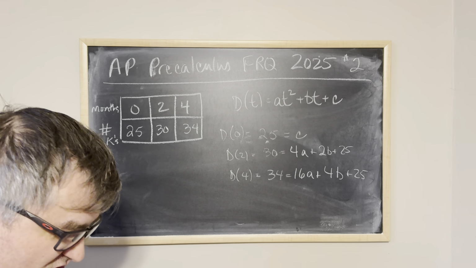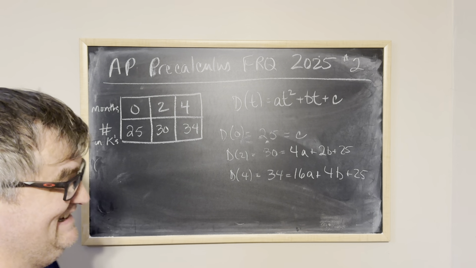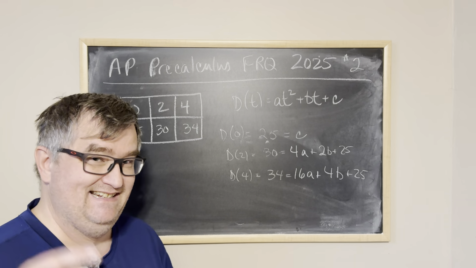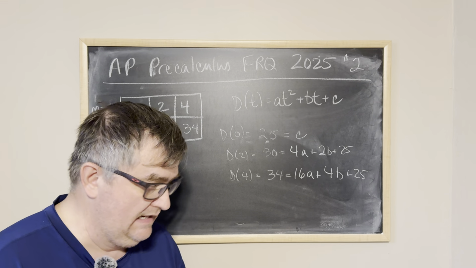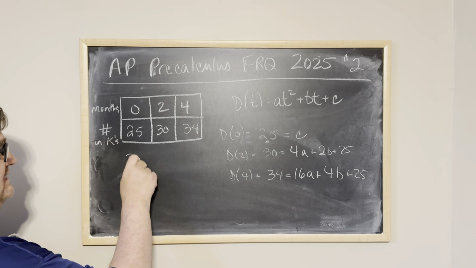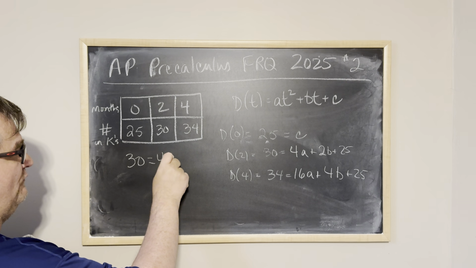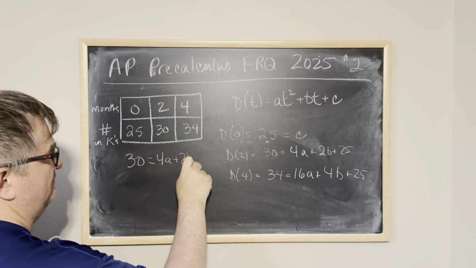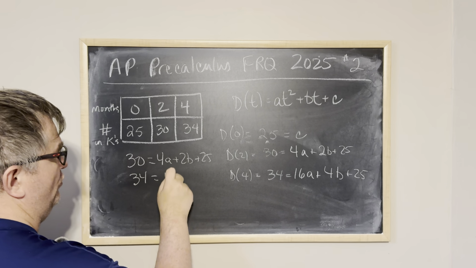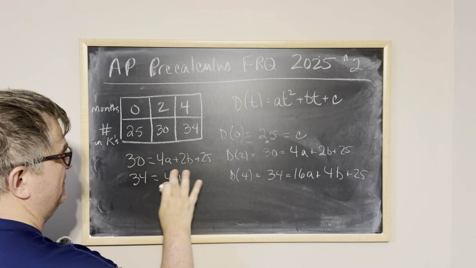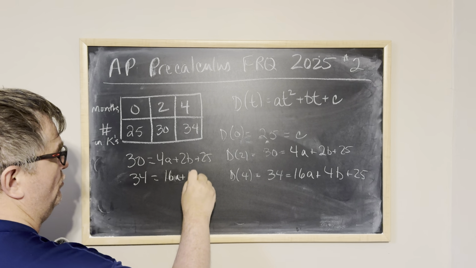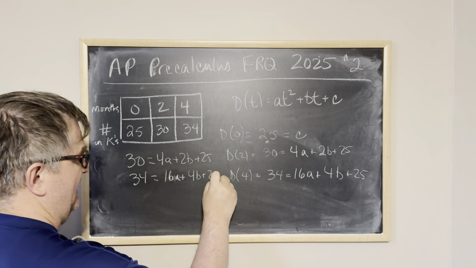Now the second part is solve them. This is another algebra question. As a matter of fact, I would say this is Algebra 1. There are only 2 variables. So all you have is 30 equals 4A plus 2B plus 25, and then 34 equals 16A plus 4B plus 25.